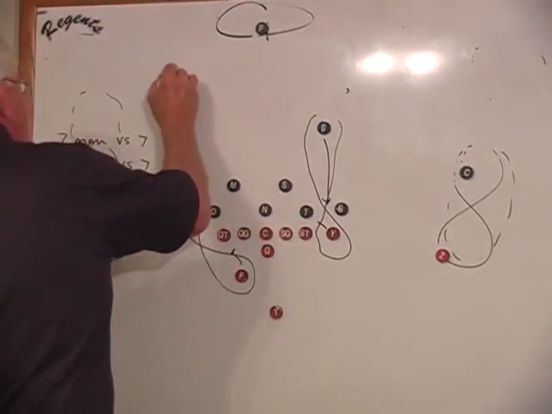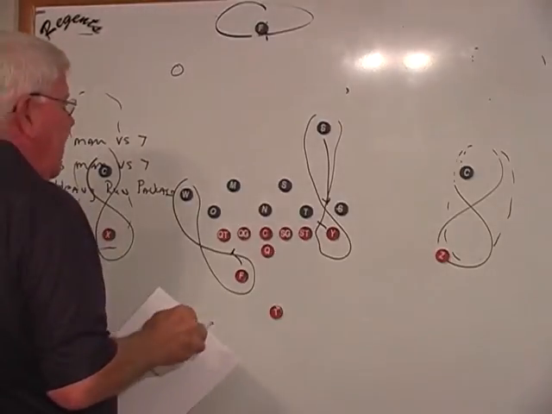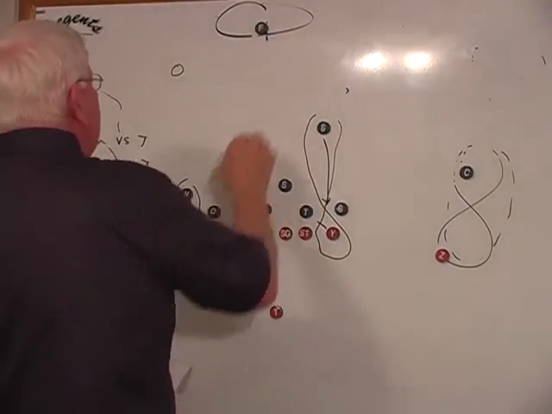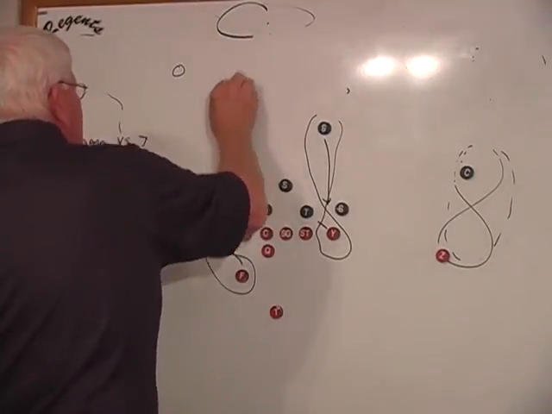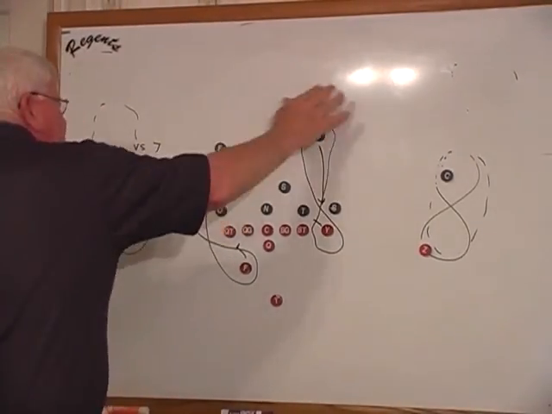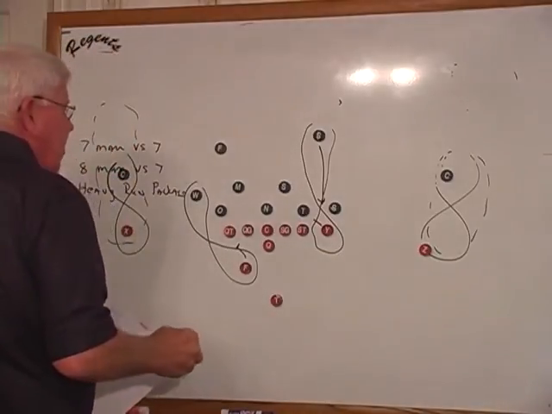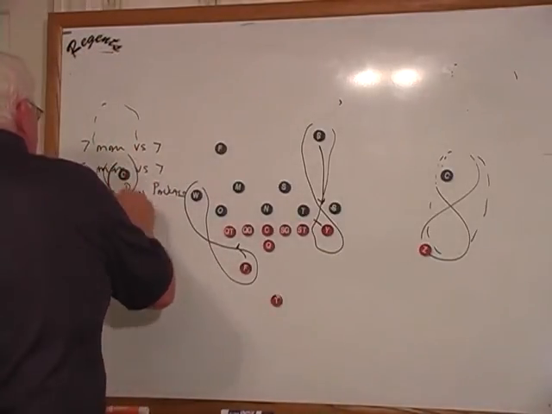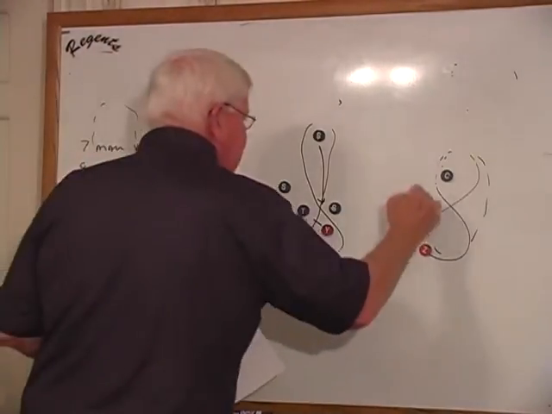We also have the 0 coverage. Now 0 is where there are no free safeties, and this guy is playing down into the box here, and so now they have 2 guys that are covering these guys by pass.